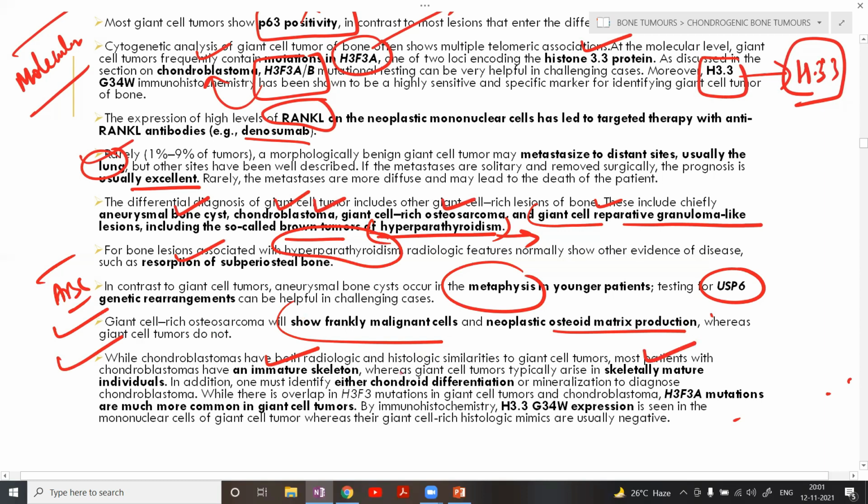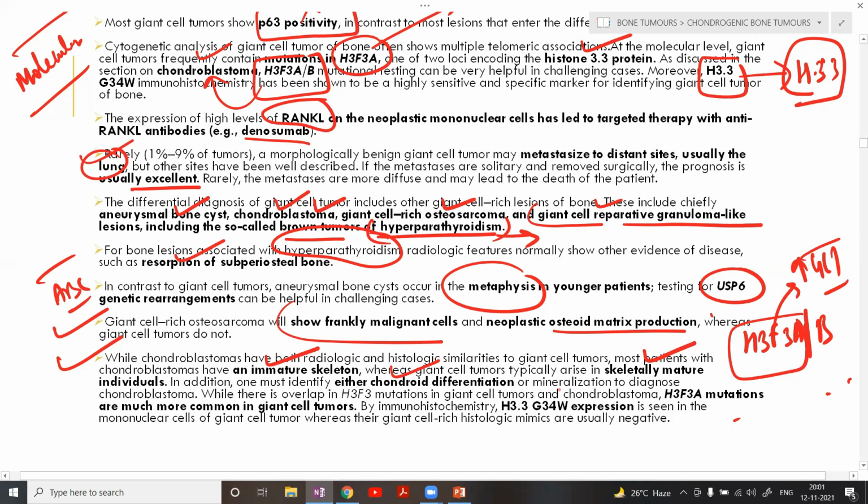Very important, chondroid differentiation will not be seen in GCT, whereas that will be seen in chondroblastomas. And both of them have the same mutation, H3F3A or B. It is present in both GCT as well as chondroblastoma, but the frequency of this is far higher in GCT in comparison to the other.